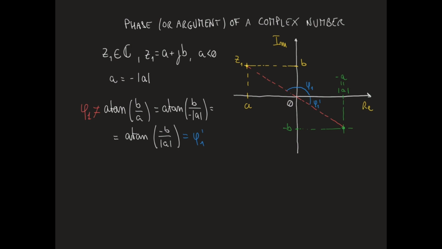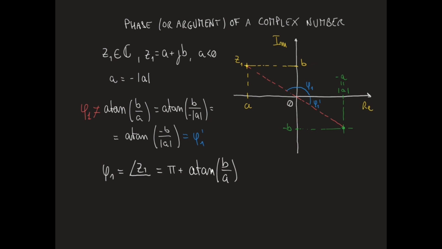Note that the phase phi 1 of the complex number z1 is equal to pi plus the inverse tangent of the imaginary part b divided by the real part a.